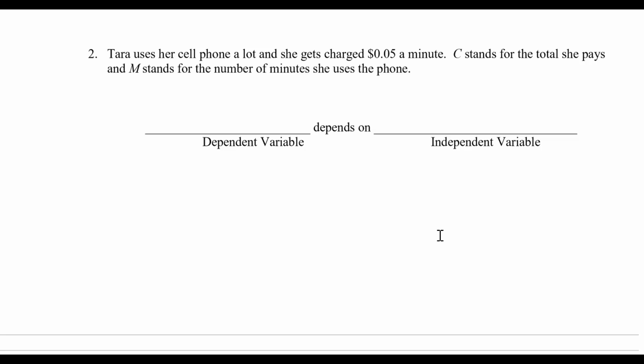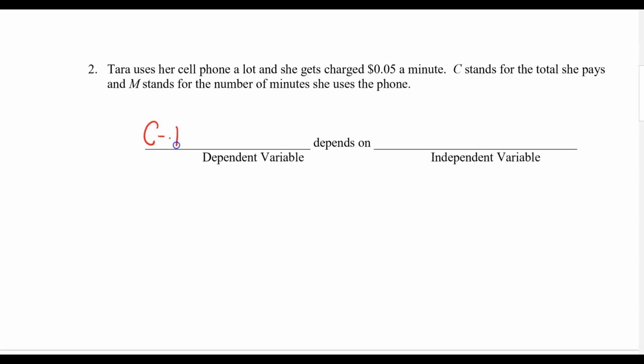Okay, so for you, did the total she paid depend upon the number of minutes she used the phone, or did the number of minutes she used the phone depend upon the total amount she pays? Hopefully you said that C, the total she pays, was the dependent variable, and M, the number of minutes she uses the phone, was the independent variable.